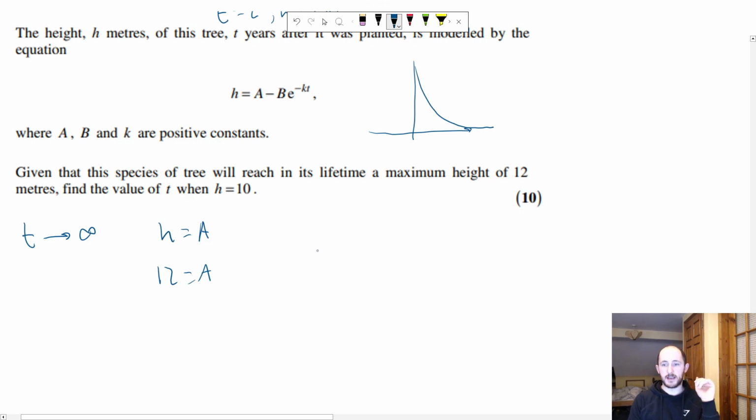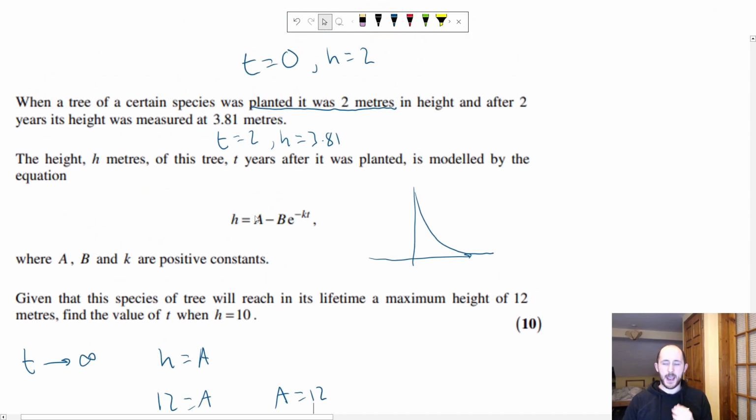This actually makes sense in terms of the structure of the equation. They're using this equation to show what the height of the tree is t years after it's planted. As t increases, this term gets smaller, which means we're subtracting a smaller number. So it makes sense that a is the maximum value for the height.